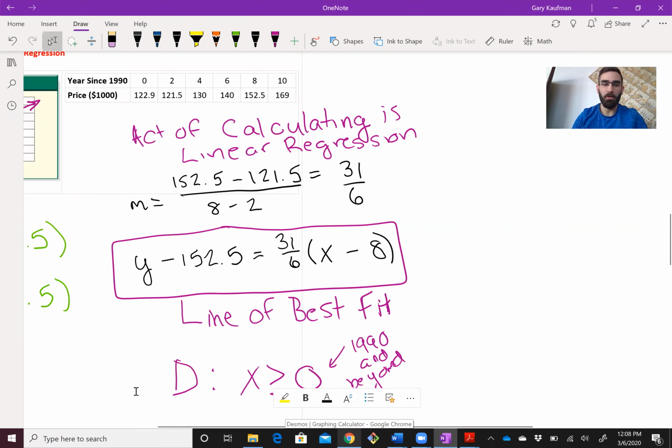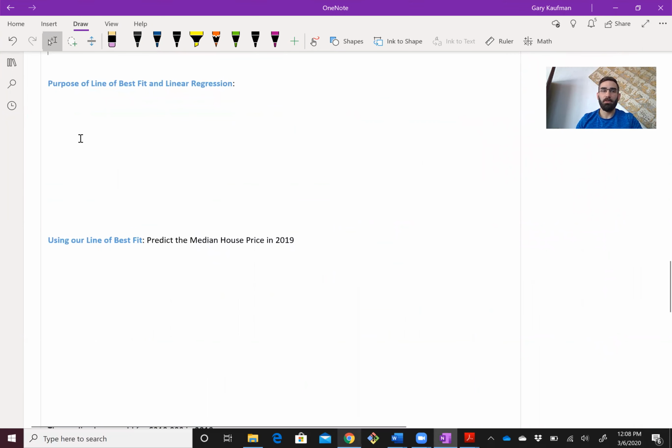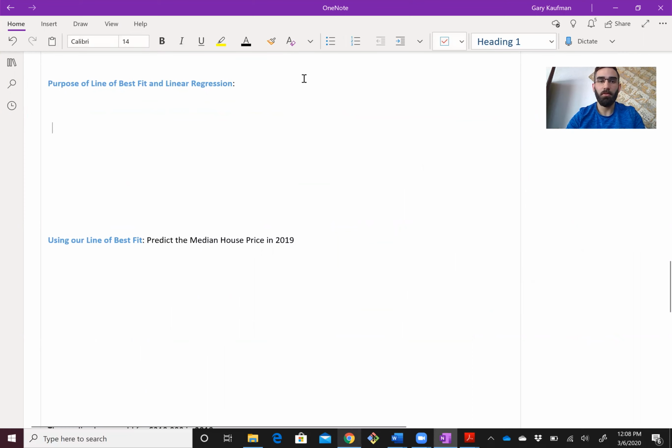All right. Now, let's go over here. So what is the purpose? Well, I'm just going to type this out. The purpose of finding the line of best fit is to make future predictions based on a visible trend.